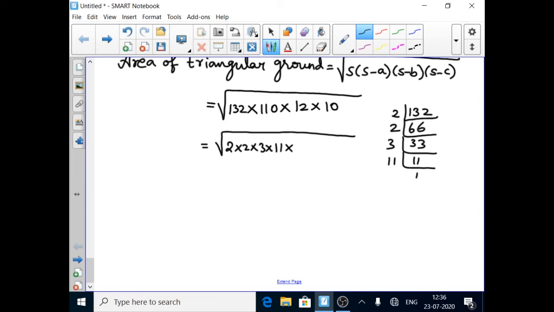Then 110 is equal to 11 into 10. 10 means 2 into 5. Then 12 means 2 2s are 4, 4 3s are 12. Then 10 is equal to 2 into 5. It's everything in the root.